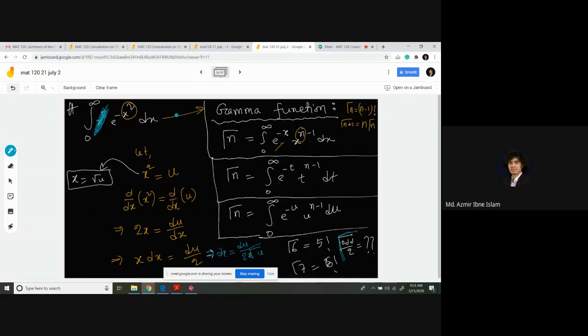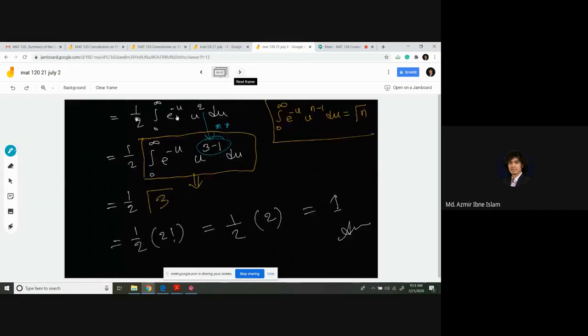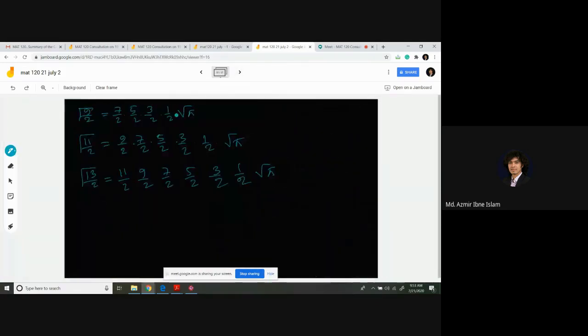Yes, sir. Take the same thing. Finally the problem will arise that you will get this type of figures, gamma odd number by 2, and I have discussed already what the result will be. You can go by this way, you will get the result. Okay. Yes, sir. Okay.